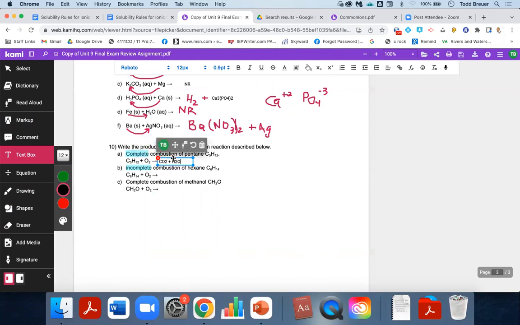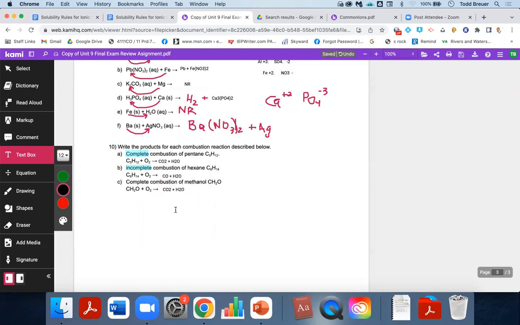If it says incomplete, similar products, but it's carbon monoxide. So this example here says complete combustion of methanol: carbon dioxide, water. If it said incomplete, you would write carbon monoxide and water. And when we have hydrocarbon combustion, it is actually that simple.